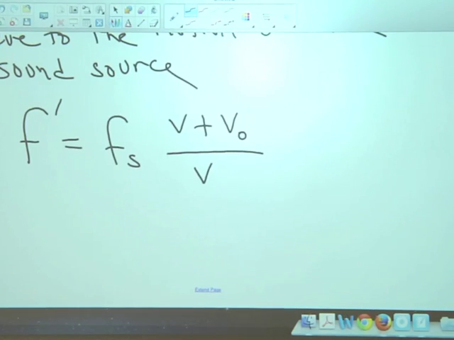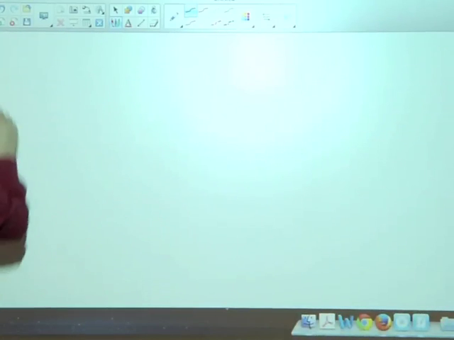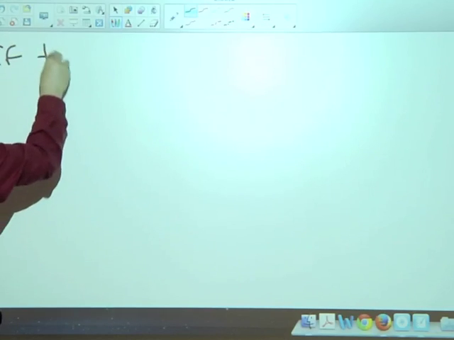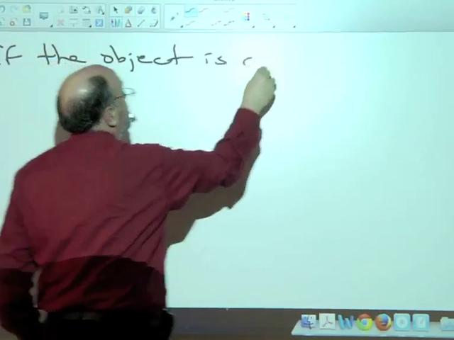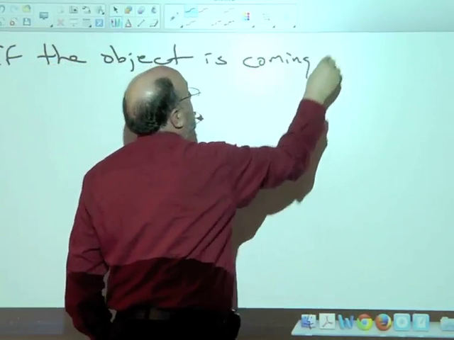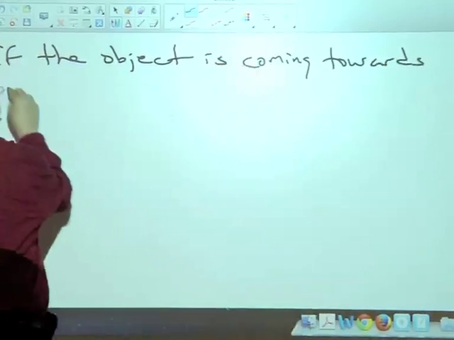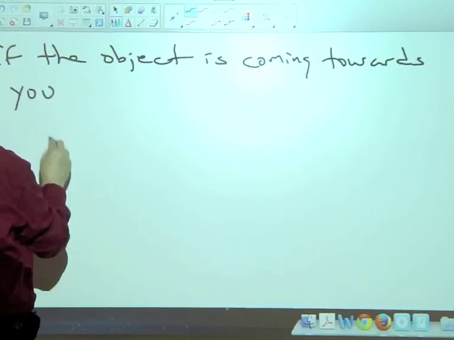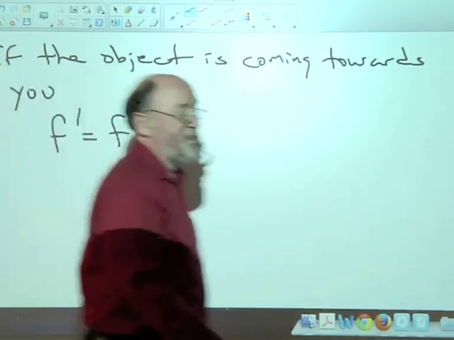And so let's go into what happens in terms of this form when the object is coming towards you or when it is going away from you. So if the object is coming towards you, f prime is going to be f sub s, which is the frequency of the source.